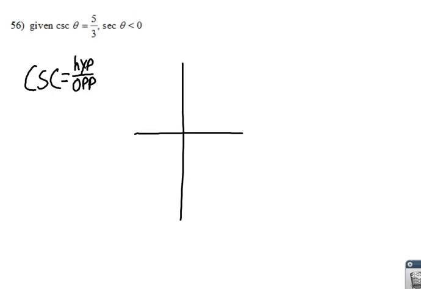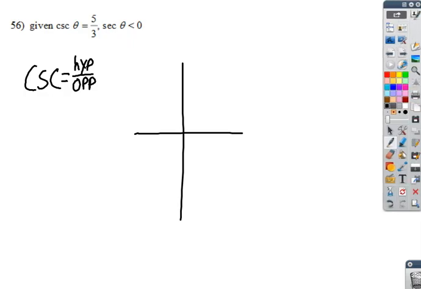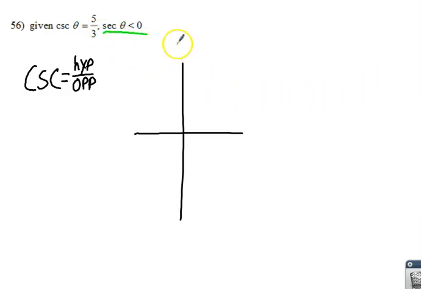Now again here, cosecant equals 5 over 3. Remember, cosecant definition is hypotenuse over opposite. This part here is a little tricky, saying that the secant is less than 0. Well, that's just 1 over cosine, folks. That means the cosine is going to be negative.